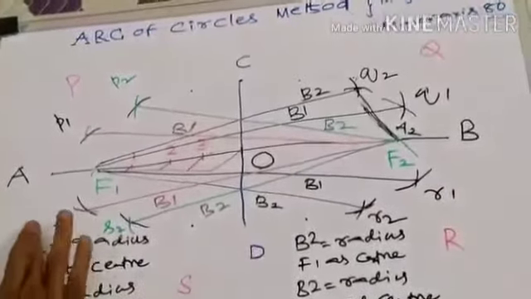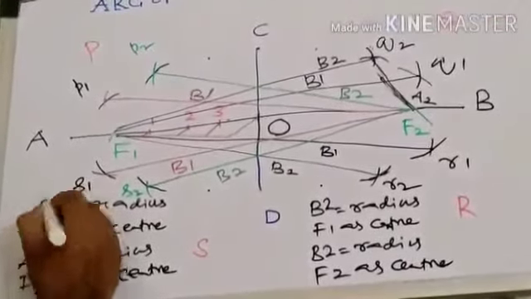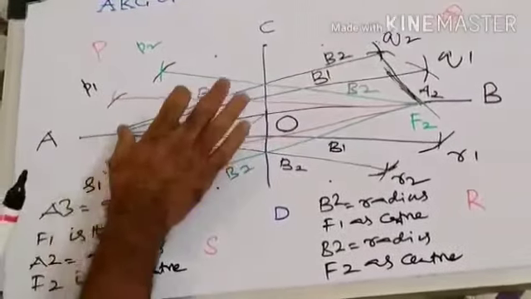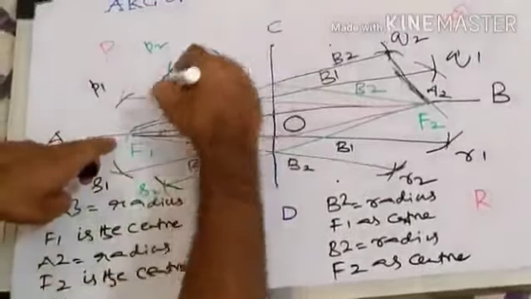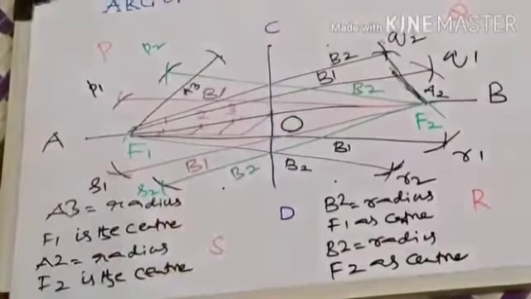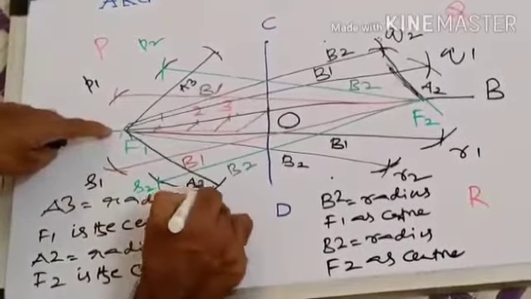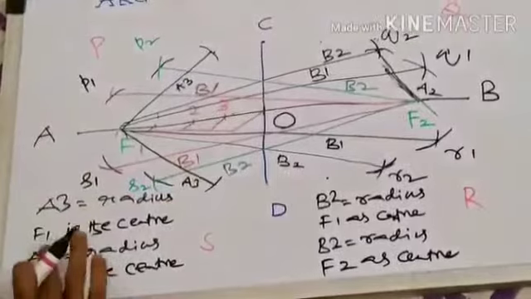So next procedure, A3 is going to be radius, F1 is the center, this is A3 radius. Again A3 radius, F1 as a center.